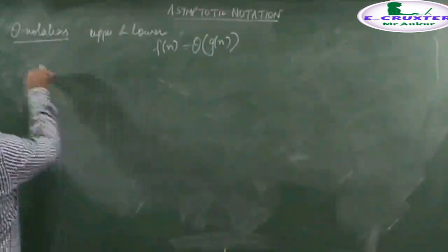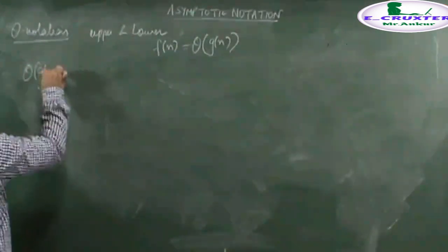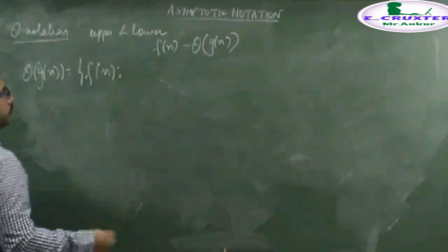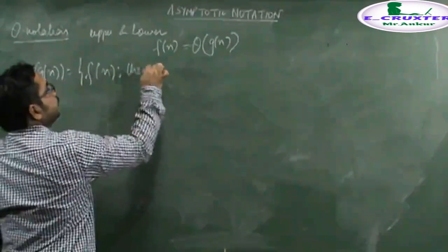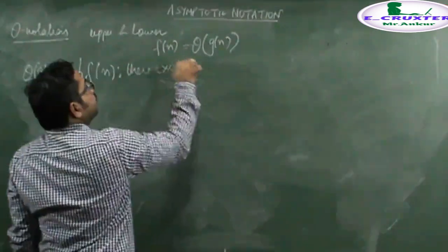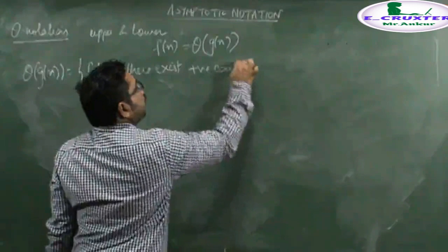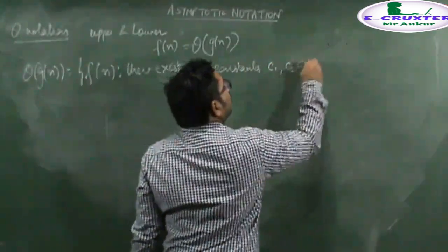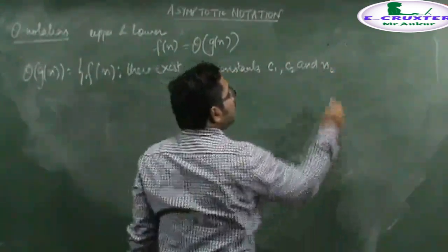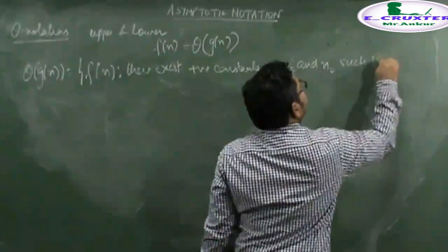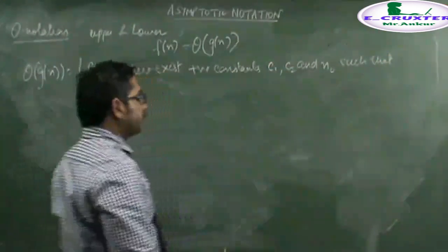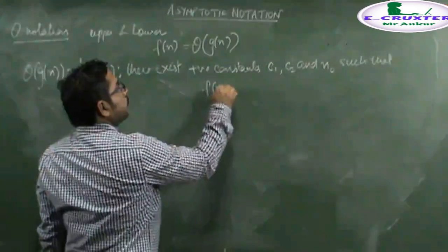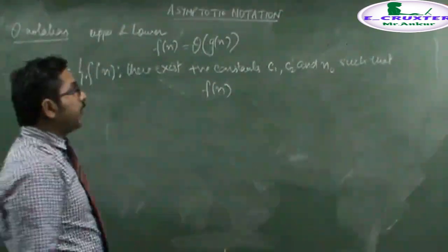Mathematically, you can write that theta of g(n) is equal to f(n) such that there exist positive constants C1, C2 and n naught such that, if there is an f(n) function, then g(n) function is acting as the upper bound.